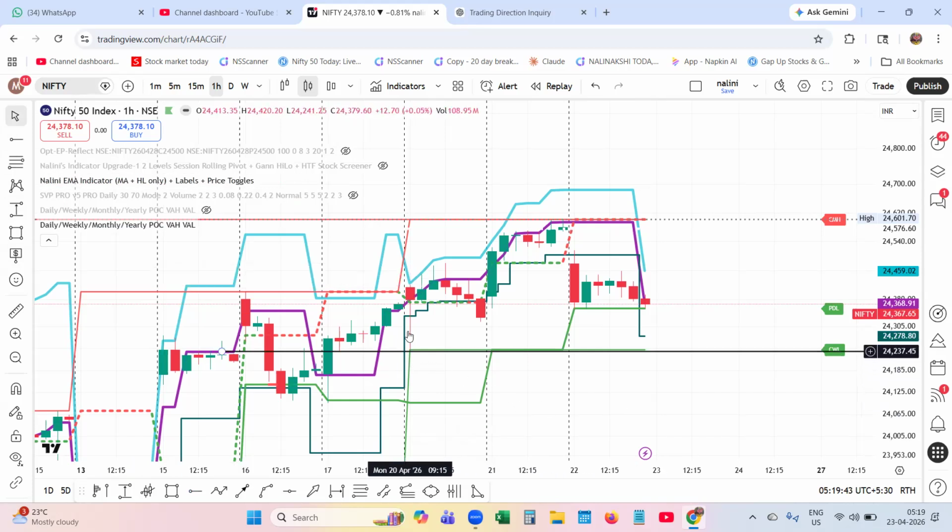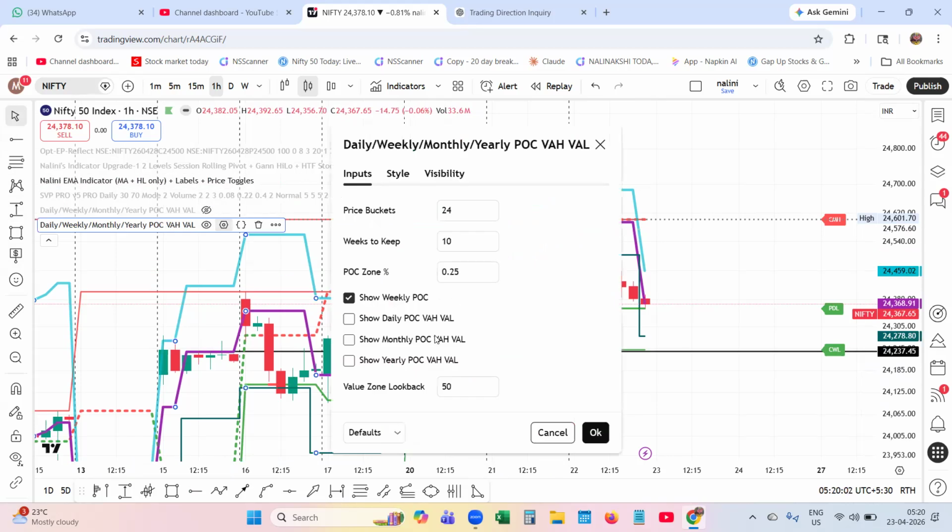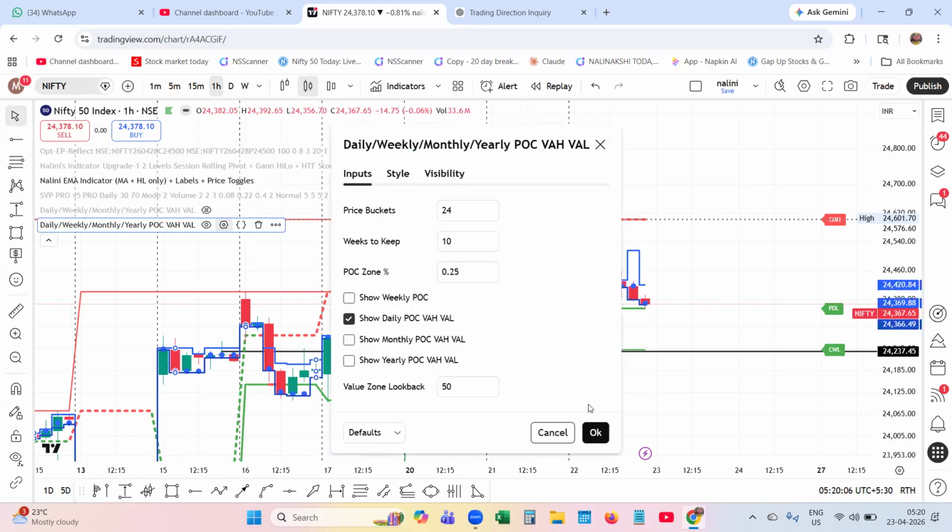This POC aligns here with the level of Monday's low. Let us see the daily POC.